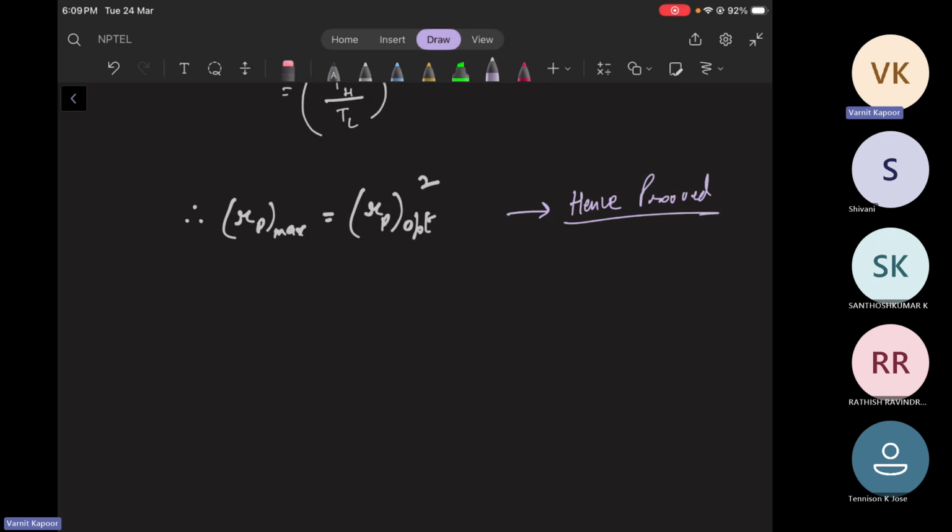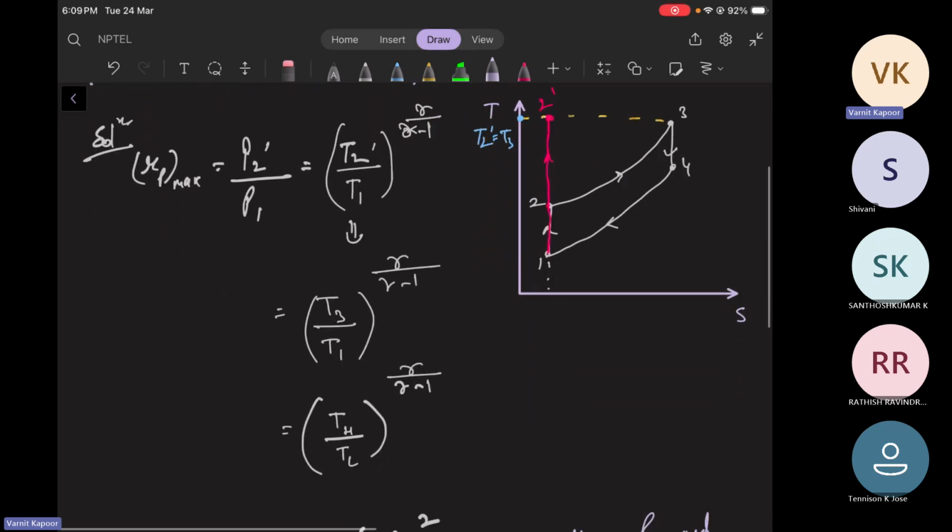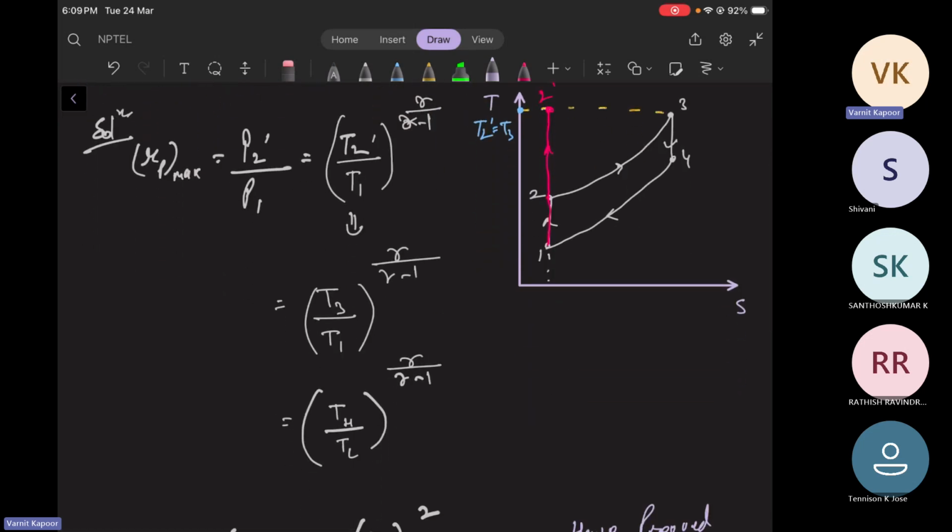Ratish, Tennyson, Santosh, do you have any doubts? Pretty much clear? By maximum pressure, I am saying that after the compression my pressure in the cycle will go till the maximum value, and at the maximum value, eventually the temperature will also be maximum. So instead of going from 1 to 2, I'm going to 1 to 2 dash.